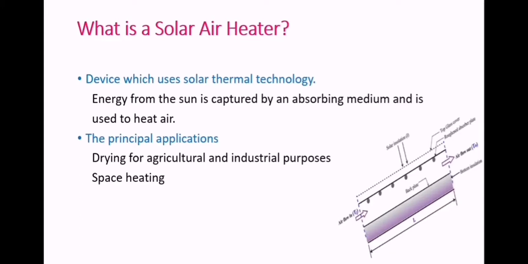Glass of thickness 4 to 5 millimeter is the most commonly used cover material. However, plastics are being used in increasing numbers. Mineral wool or glass wool of thickness 5 to 8 cm is used for the bottom and side insulation. The whole assembly is contained in a sheet metal box and inclined at a suitable angle.